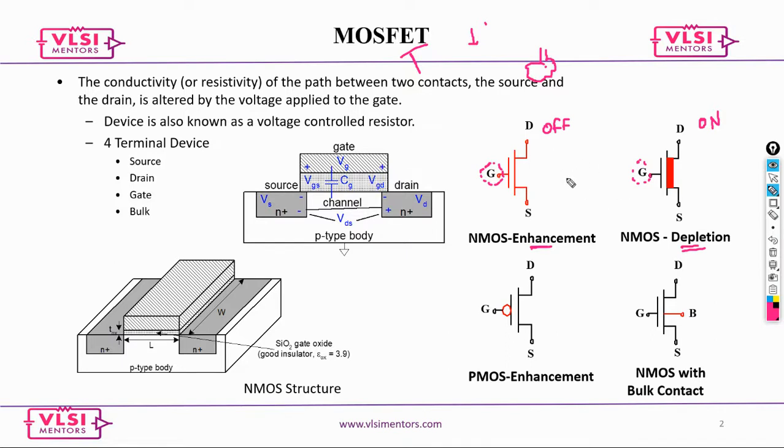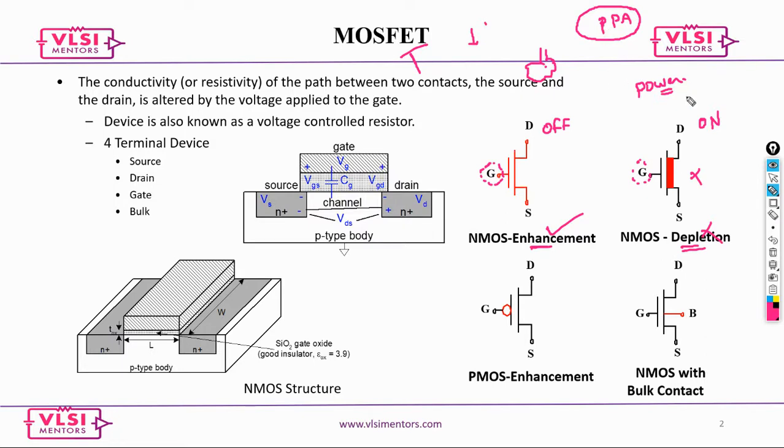This is what we use in industry; this other one we don't use at all. I have never seen any depletion MOSFET being used. Yes, it is available, but we don't prefer using it, because in industry we always worry about power also. If you have gone through the previous classes, I always talk about PPA, power, performance, area.